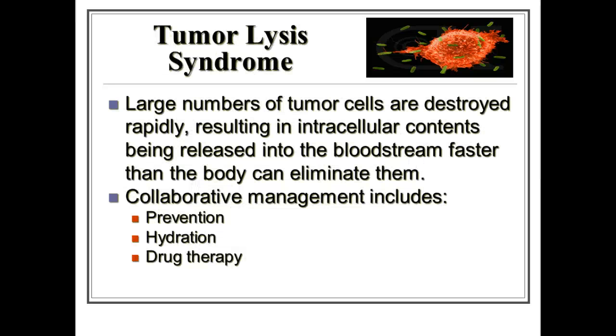And then tumor lysis syndrome, where a large number of tumor cells are destroyed rapidly, resulting in intracellular contents being released into the bloodstream faster than the body can eliminate them. Basically, what you need to do is prevent this by hydration and drug therapy. Patients need to drink at least 3,000 milliliters of water.